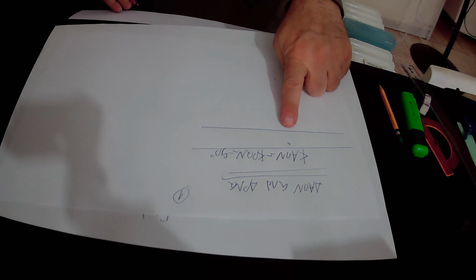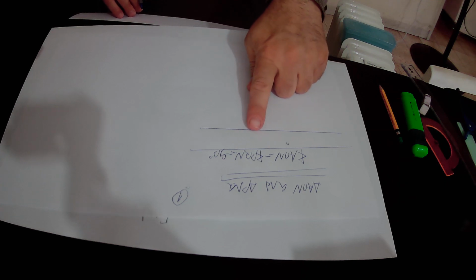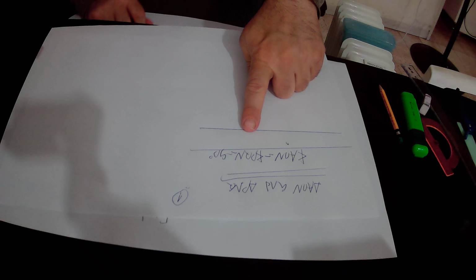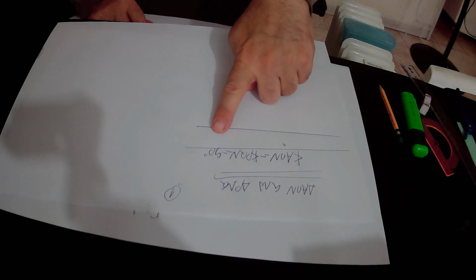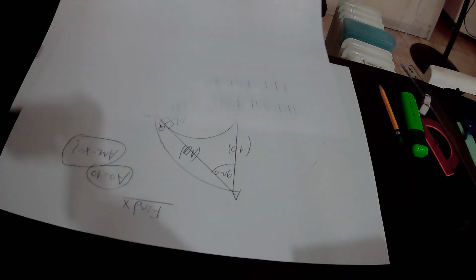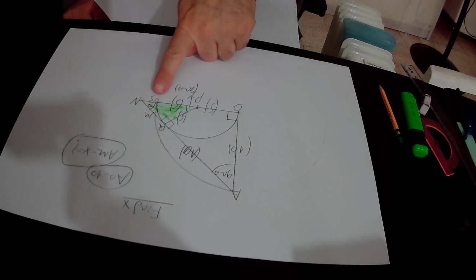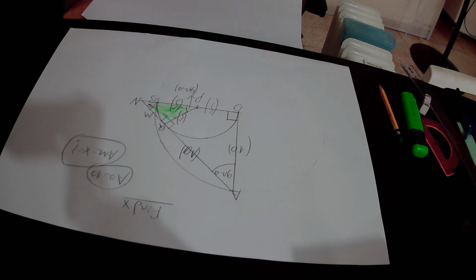Angle AON in the right big triangle AON is equal to angle PQN in the small green right triangle PQN. They are both equal to 90 degrees, therefore they are equal to each other. In addition, this is angle theta, a common angle that belongs to both triangles. So angle theta equals itself.